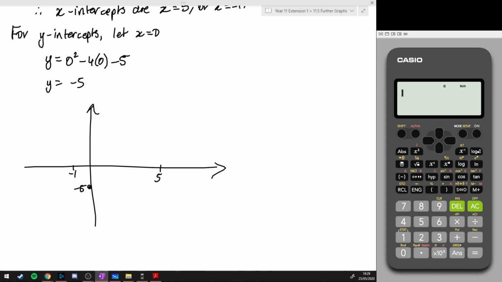That -5 could actually be quite a bit lower, so let's put it down there. The other thing that we probably need is our turning point. It's halfway between -1 and 5, so that's at 2. So it's somewhere down here. We're not too overly cautious about that at the moment.